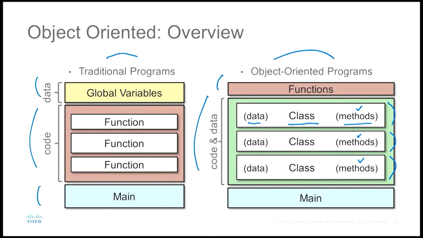So when we begin to put the intelligence of our application into these objects, our code becomes much more portable, much more usable, and of much more value to us as a network programmability person.